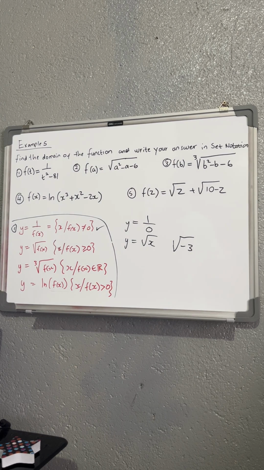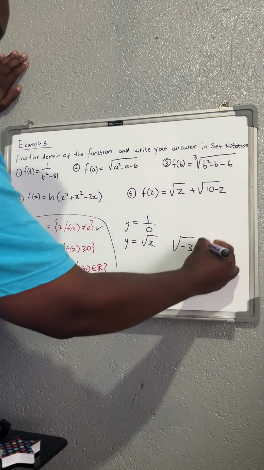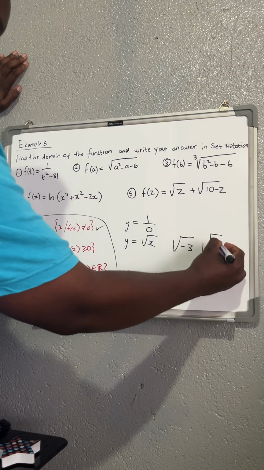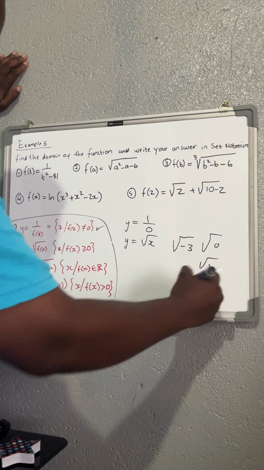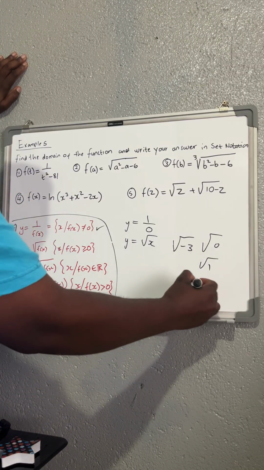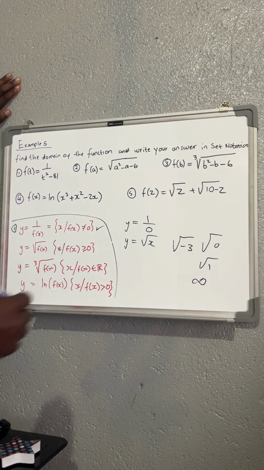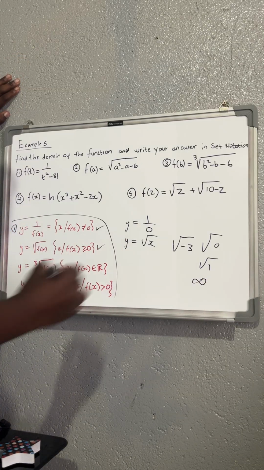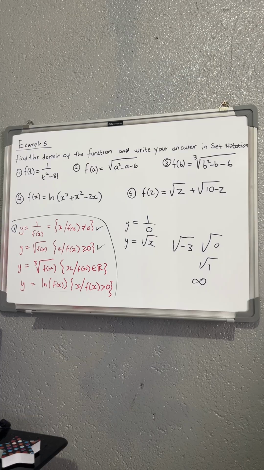This will give us an error if you try to punch it on your calculator. So you already know that the only values that are going to work are the values starting from 0, then 1, and so on up to positive infinity. Hence, this is where you see this rule that they are talking about.